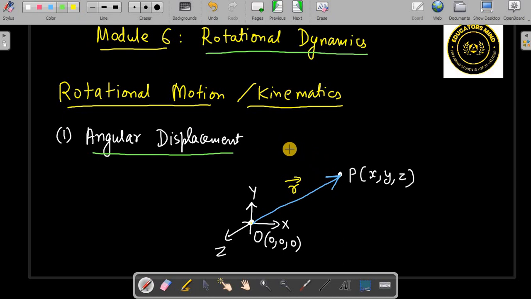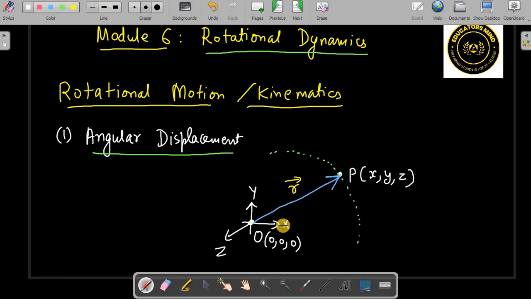Let us consider it is moving in a circle, because we are going to keep it as a rotational motion. It is not necessarily going in a circle. We'll discuss the complexities involved in more detail, but let's first understand that it moves along a path, and after some time it comes here or to some other point.